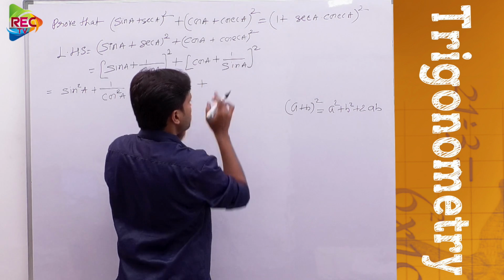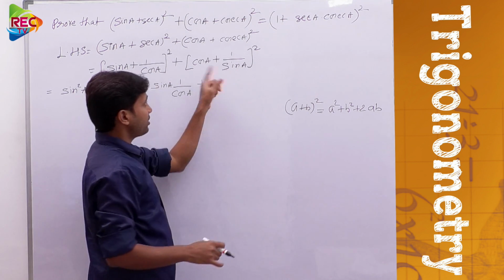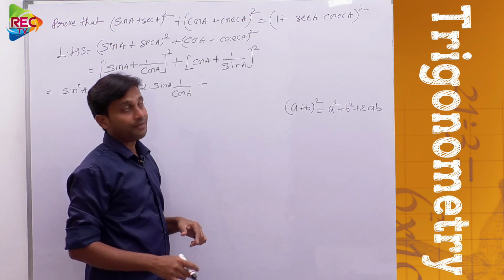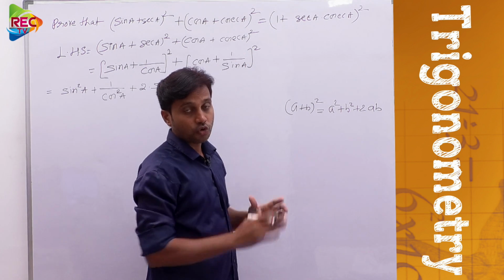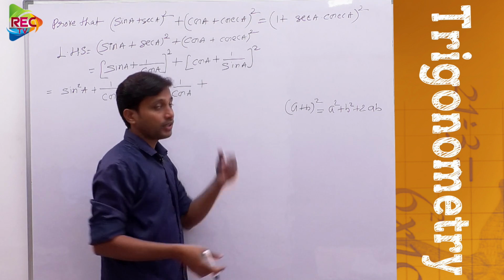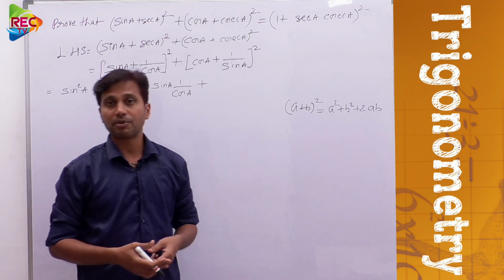If you want to solve the second bracket, this is also in the form of (A plus B) whole square, where A is cos A and B is 1 by sin A. So open this. This can also be expanded in the form of A square plus B square plus 2AB.